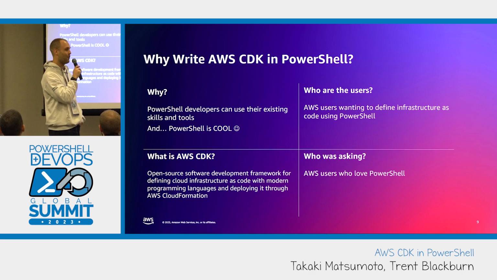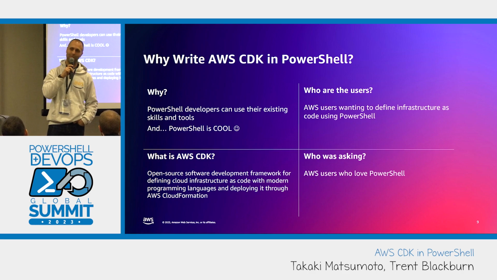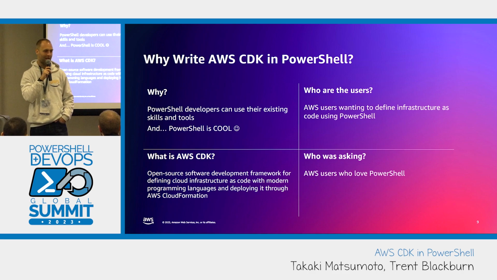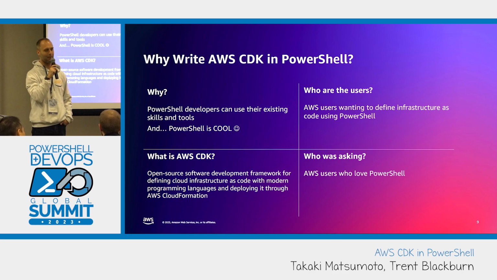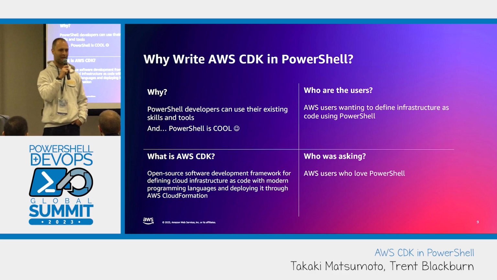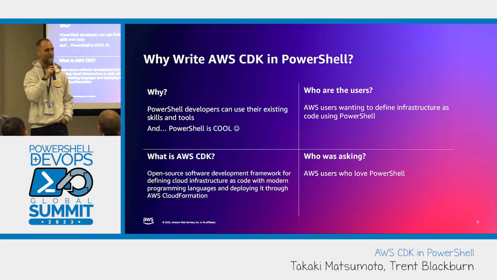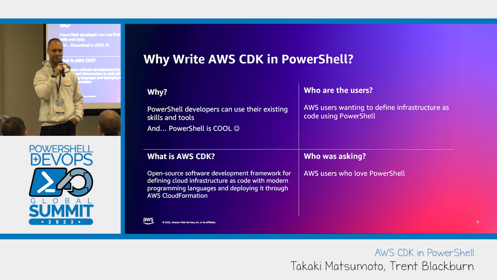So if you are an AWS user and you manage any infrastructure at all, you are in the exact right place. This is hopefully going to make your life a little bit easier to define the infrastructure you care about in PowerShell and use that to deploy rather than having to deal with multiple languages. So hopefully the idea is to simplify everything that we're going to do.